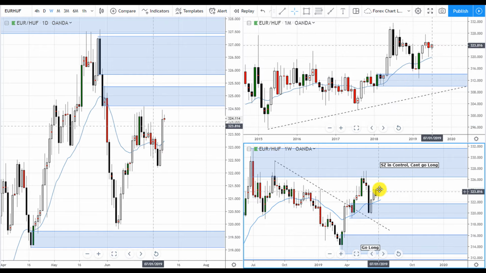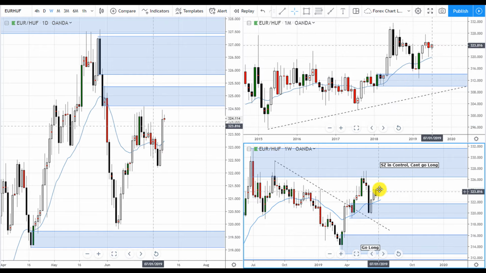Okay, so let's take a look at the daily chart. We see that a supply zone is created here, and there's also a supply zone created here after these big impulses to the downside happen. We see that price almost touched it. You could draw the zone like that, or you can draw it like this. I just draw it like this to be more conservative. Price touched it and dropped.